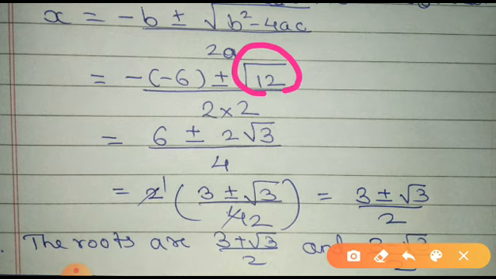Can I write 12 as 4 into 3, a perfect square number multiplied with another number? So square root of 4 is 2, and hence I can write it as 2 root 3.